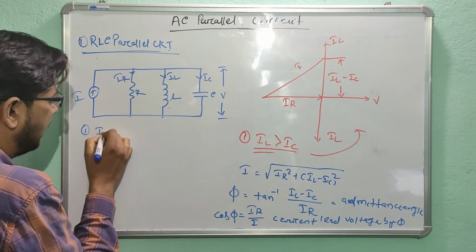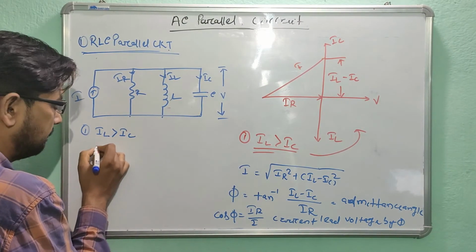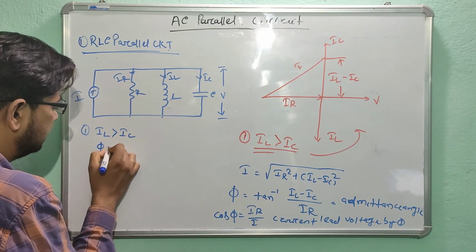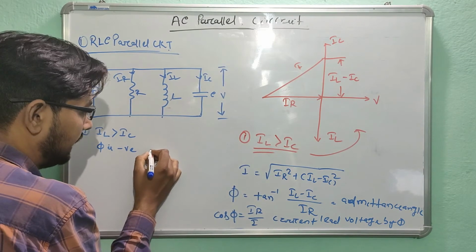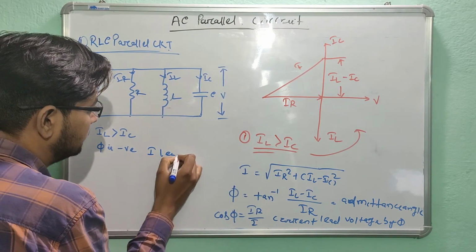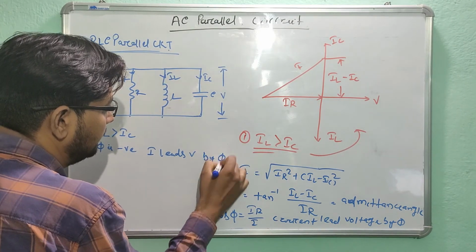So for this RLC parallel circuit you have to draw three conclusions. Number 1: if IL is greater than IC, then phi is negative, that is current I leads V by phi.